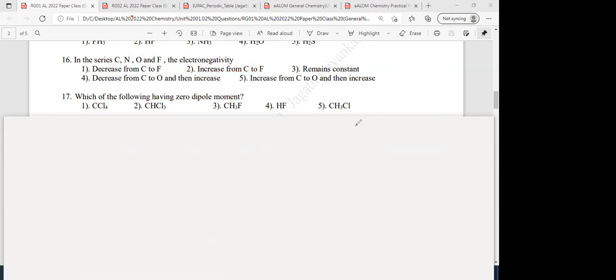Now one more thing I want you to understand. Some symmetrical molecules with polar bonds, molecules with identical polar bonds.